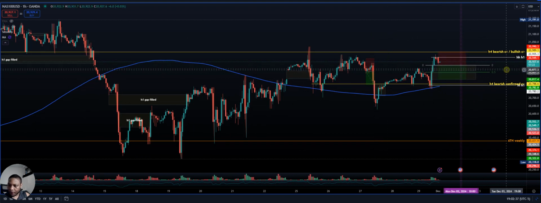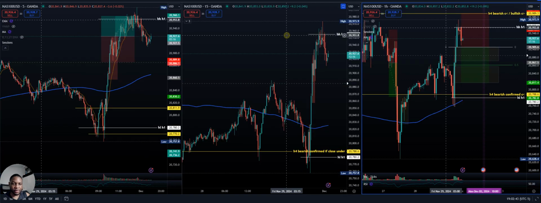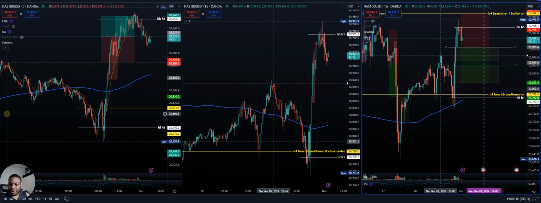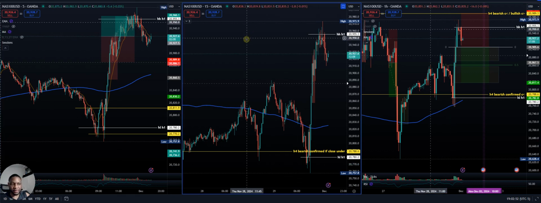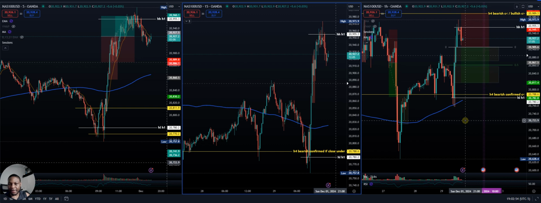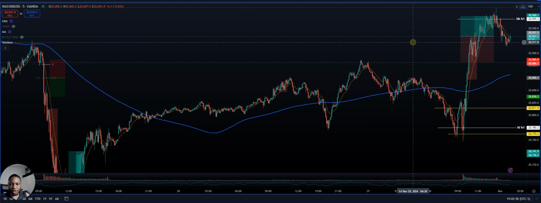So I have my alert here and I'm going to be watching to see what happens in the market tomorrow. As you can see right here, I have the 5 minute time frame, the 15 minute time frame, and the 1 hour time frame. I'm just going to clear up my chart.